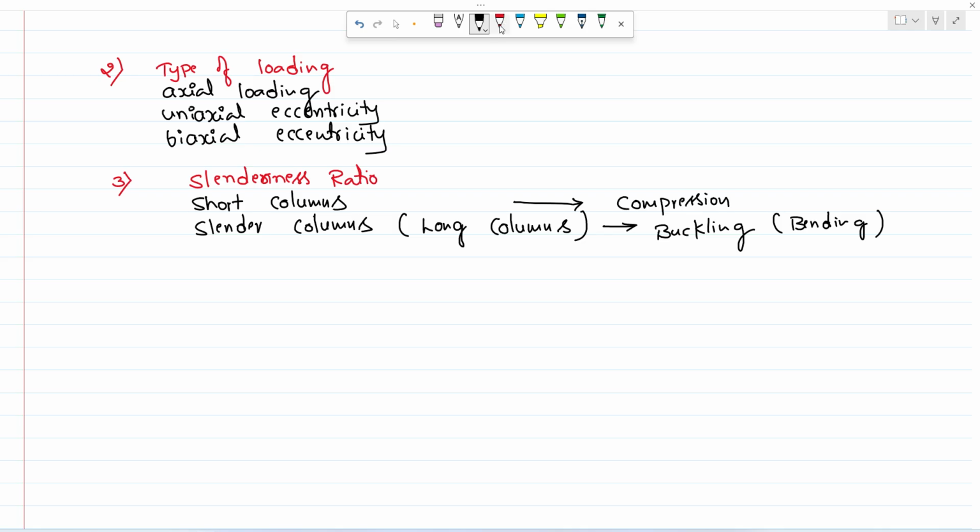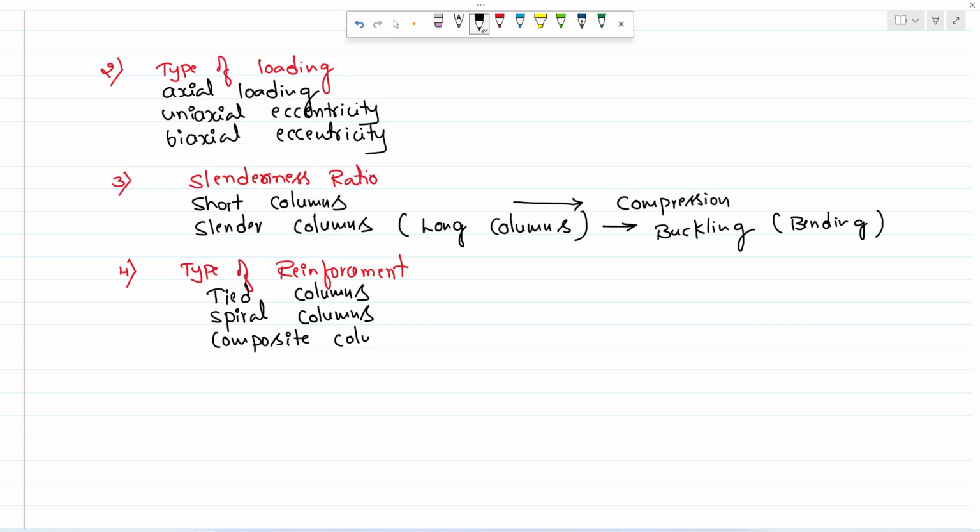So next classification will be based on type of reinforcement. So first one will be tied columns, spiral columns and composite columns.